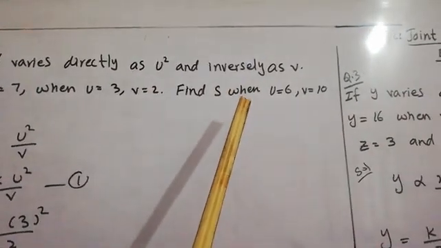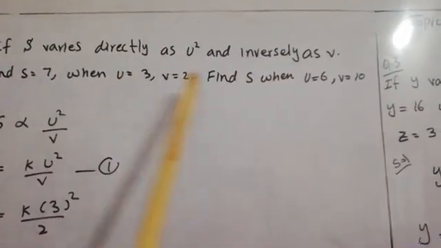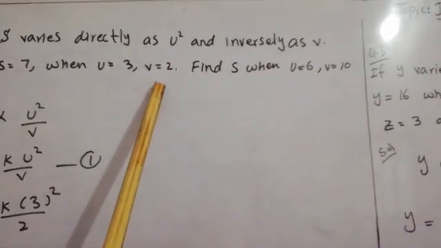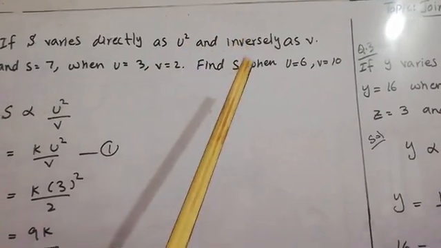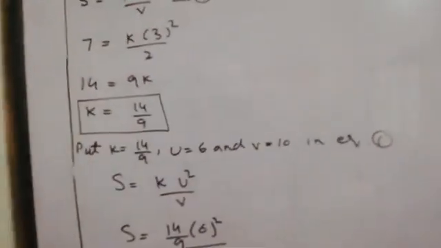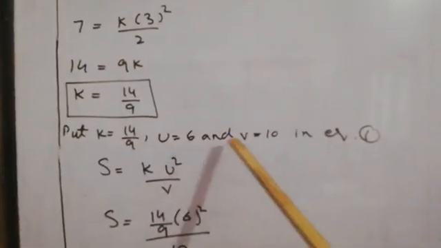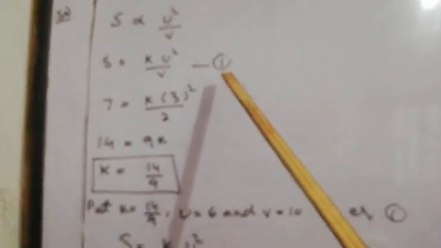And if U changes from 3 to 6 and V changes from 2 to 10, what will be the change in S? Let's see. Put K equal to 14 by 9, U equal to 6 and V equal to 10 in equation 1.